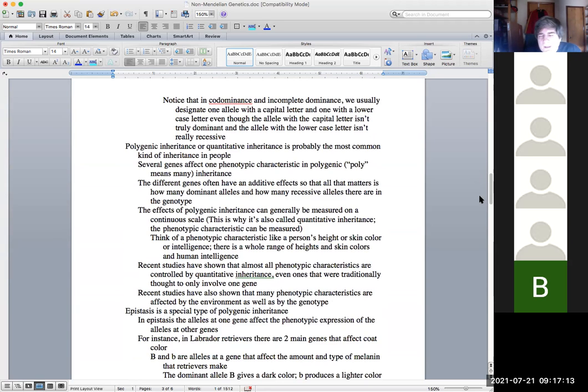Now, another type of inheritance that doesn't really follow Mendel's laws is something called polygenic inheritance, or it's sometimes referred to as quantitative inheritance. And we think that this is probably the most common type of inheritance in people and in other organisms as well.